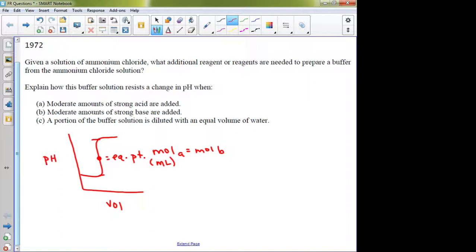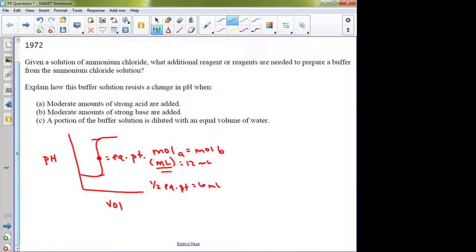To find the half equivalence point, here is what you do: you take the amount of milliliters that you added to get to the equivalence point, and you cut them in half, because at the half equivalence point, you've added half the amount. So let's just say that we had added 12 milliliters at my equivalence point. So at the half equivalence point on the graph, it would be when I had added 6 milliliters.